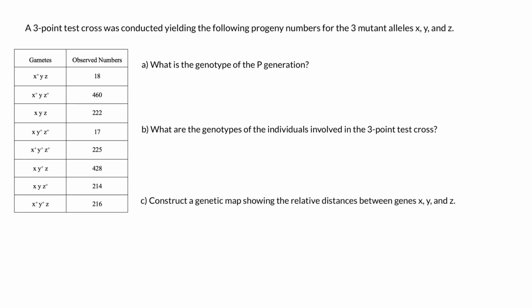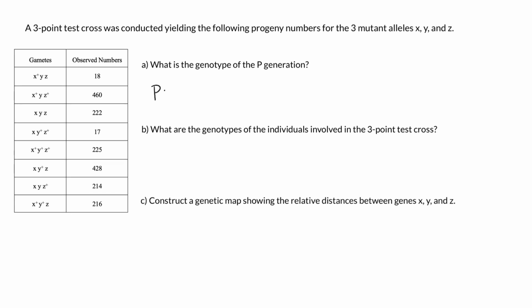Alright, so in part A, it asks us, what is the genotype of the parental generation? Now, the parental genotypes are usually quite easy to identify, since they are represented by the gamete combinations with the largest number of progeny. In this case, we can see that there are a lot more progeny that have this gametic combination and this gametic combination compared to the other gametes, and thus must represent the parental genotypes.